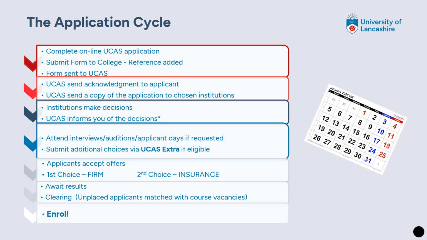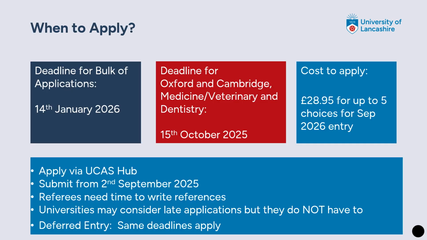Here is the timeline for your UCAS application. We'll cover deadlines in the next slide. For most courses, the deadline is the 14th of January 2026.